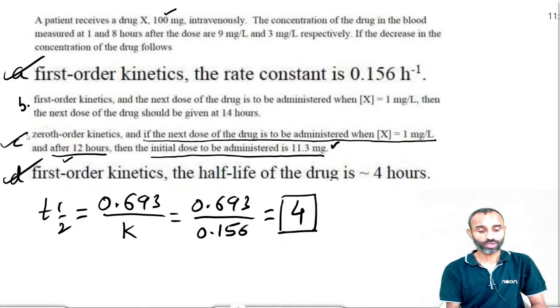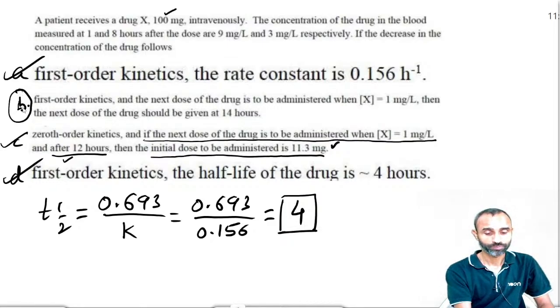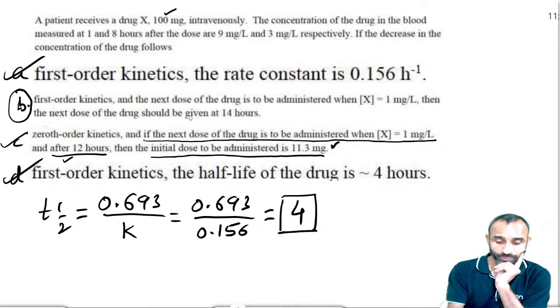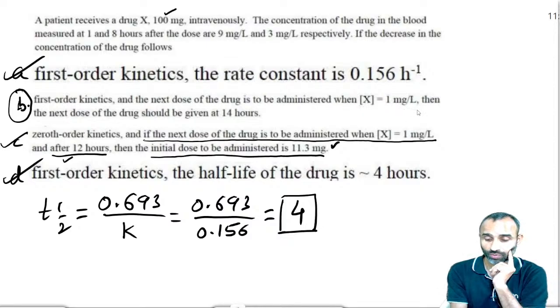Just calculate for B, first order kinetics. For the next dose, X is 1 milligram per liter, and the next dose of the drug should be given at 14 hours. This is k.